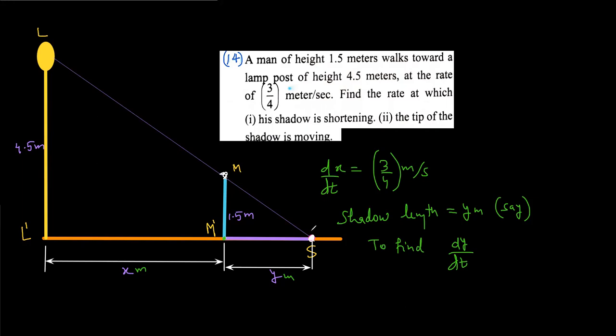The rate at which the shadow of the sparrow is moving is because of two things. One is the speed at which the man is walking. Secondly, the rate at which the shadow of the man is changing. So this is d by dt of x plus y. You find this, you get the answer. I'm sure you will get it. We have done one problem, you can solve one on your own.